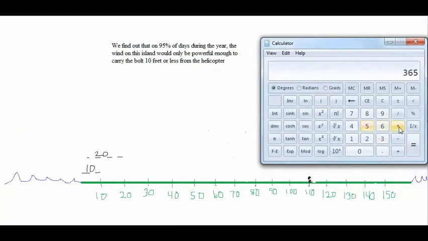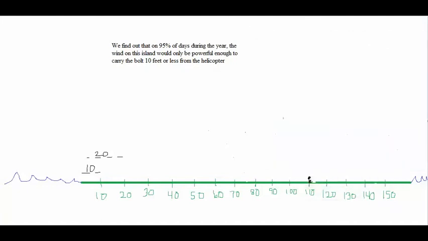Well, it doesn't come out to an even number, actually, but for this example, we'll just round it off. We'll round it up to 347, even though that's not exactly 95%.